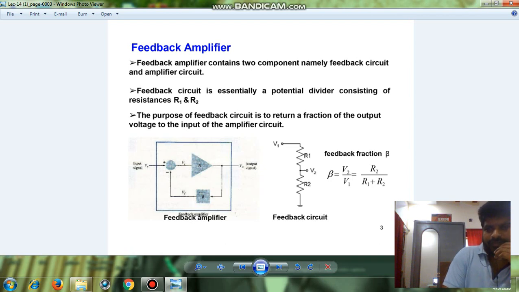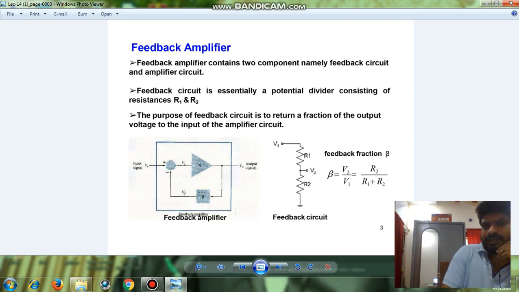First of all, I would like to explain what the feedback circuit consists of. So the feedback circuit is essentially a potential divider. That means it just consists of resistors which act as a potential divider.